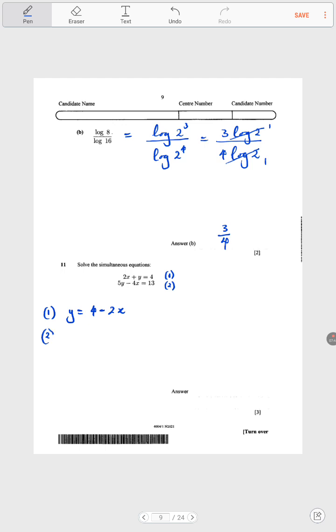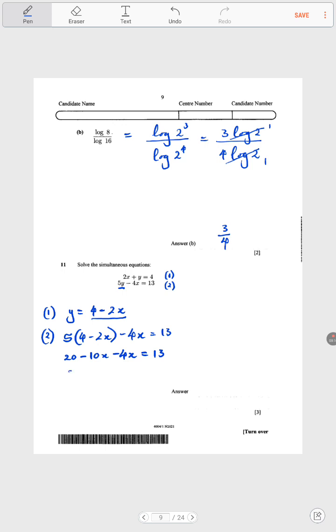So it's going to be 5 times (4 minus 2x) minus 4x equal to 13. Then I'm going to remove the bracket and get 20 minus 10x minus 4x equal to 13.